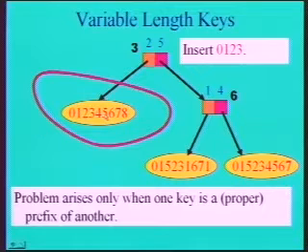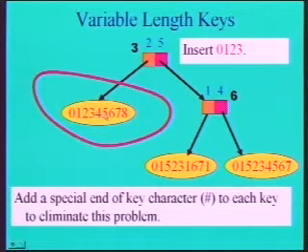To get around this problem, what you do is append to each key a special digit, one that cannot normally arise inside of a key. So for example, here we append this special character, a pound sign or marker, to the end of every key.